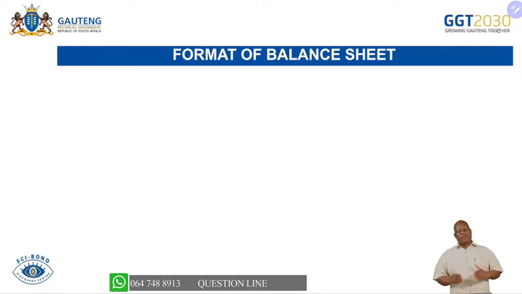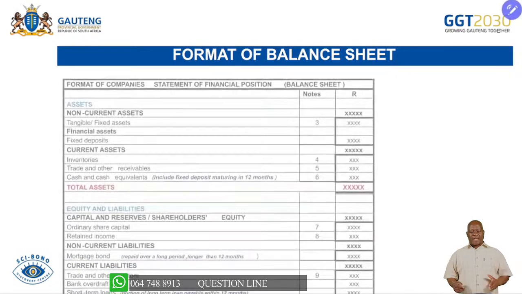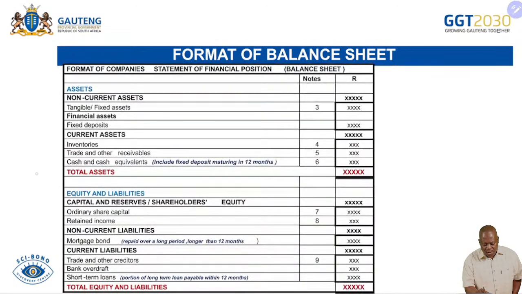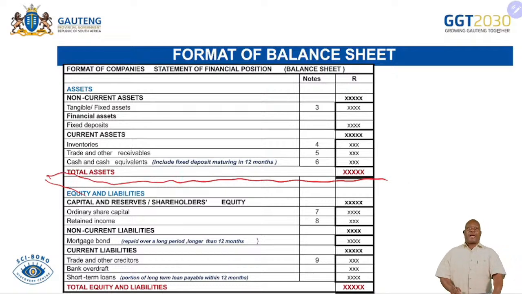Now, let's move on to the format of the balance sheet. Remember, the balance sheet has got two parts. I would want to split these into two. So you are going to see that I'm putting a red line here. Now, the two parts are the top part, which is assets, and the bottom part, which is equity and liabilities.